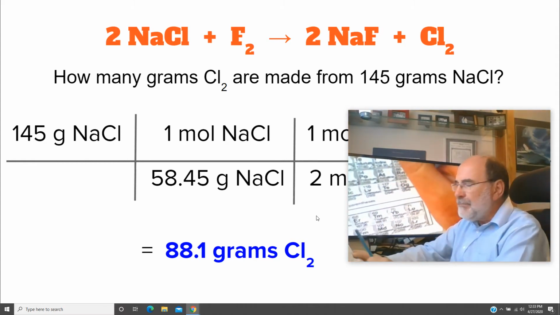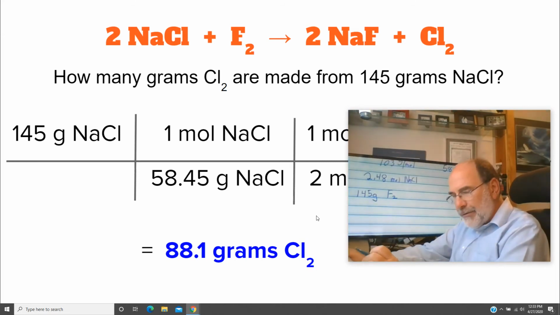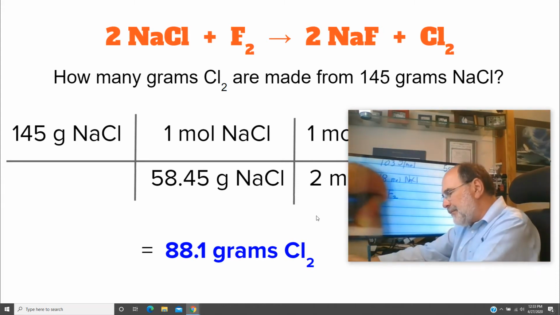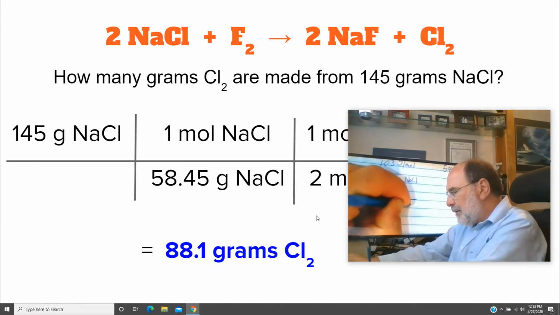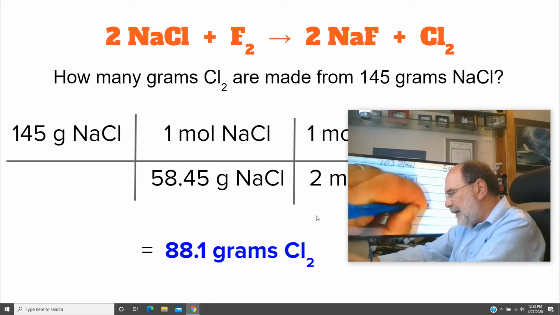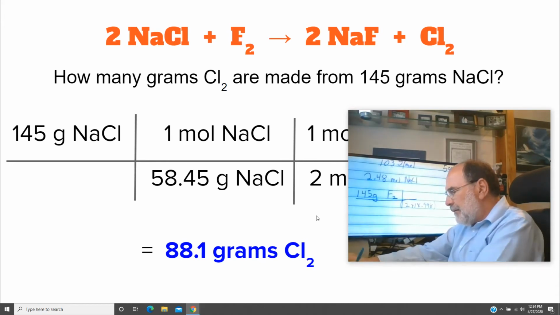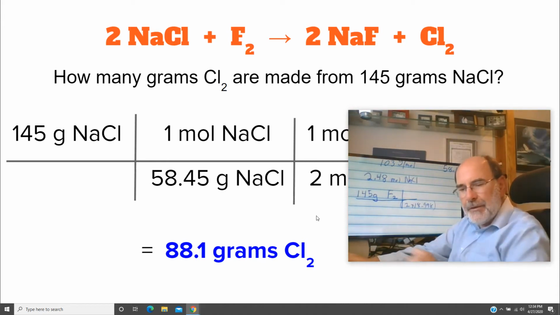Fluorine gas is 18.998. I need 2 of those, and I'm starting off with 145 grams. So 145 grams of fluorine gas times whatever 2 times 18.998 is, and that will tell me how many moles I have.